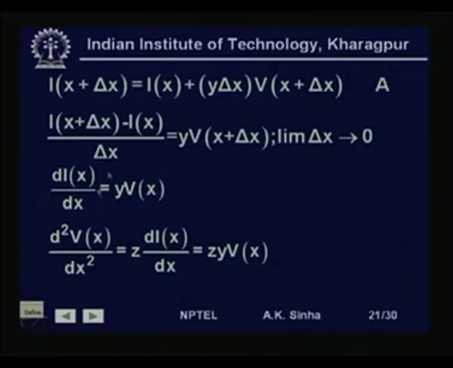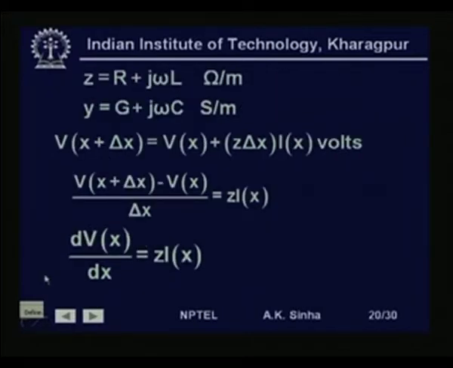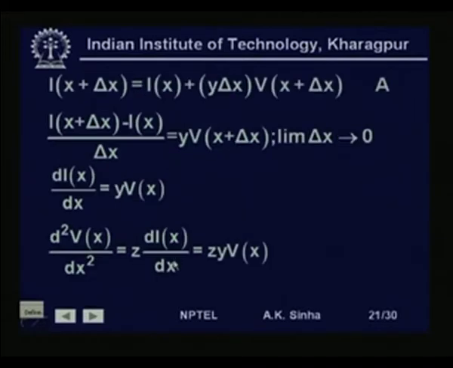Now, if we see our previous equation for V and differentiate it again with respect to x, we get d²V(x)/dx² is equal to z dI(x)/dx.